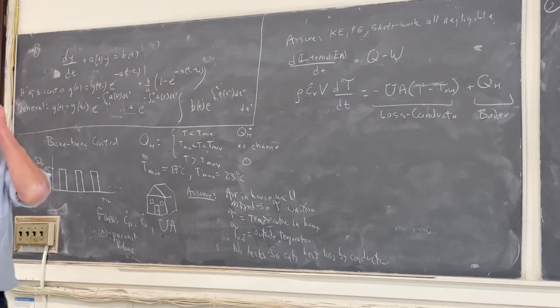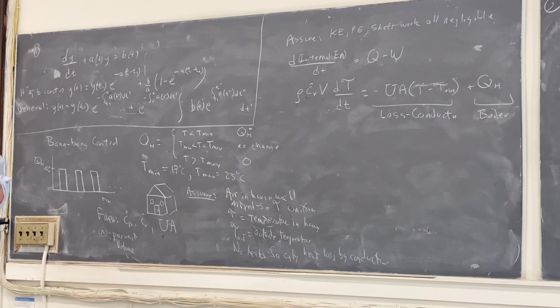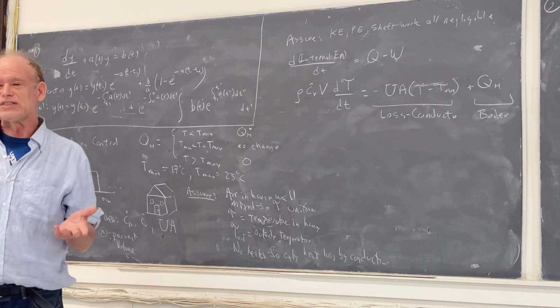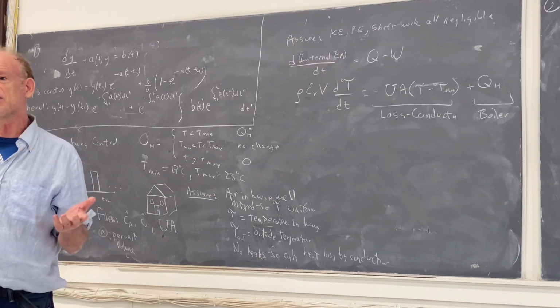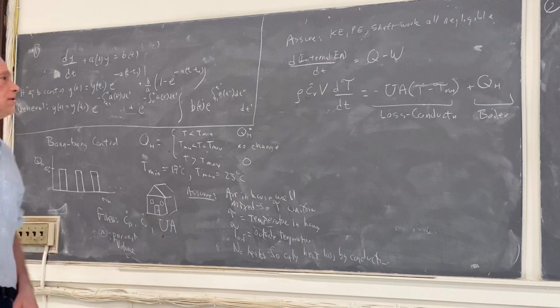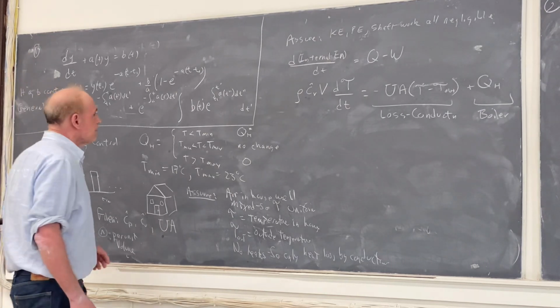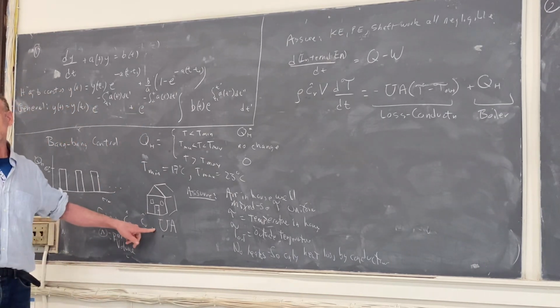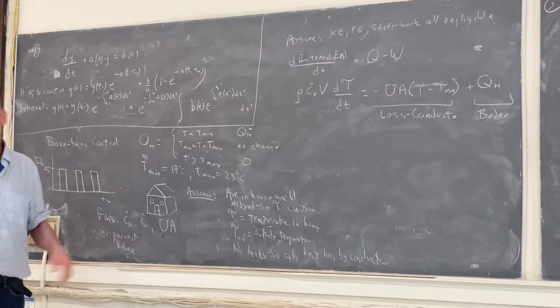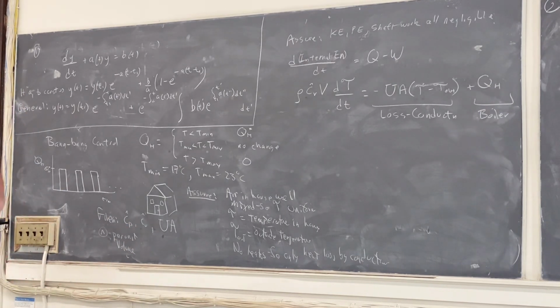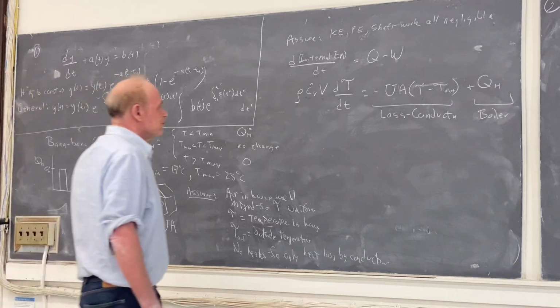Enthalpy is H. This is what you in thermodynamics call U, or what physicists call capital E. It's what appears in the first law. The reason I'm not writing a U is because I already used U for the heat transfer coefficient, and I don't want to confuse you with the same notation meaning two different things. I'm sure I do enough to confuse you, so I at least try to avoid that. Other questions?